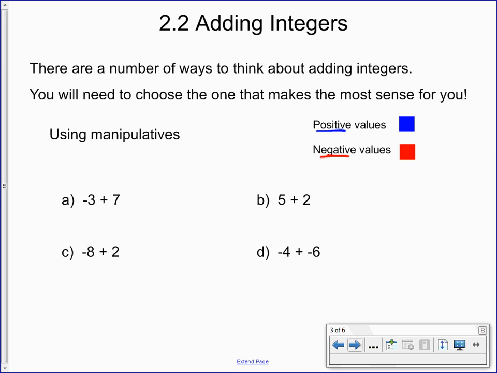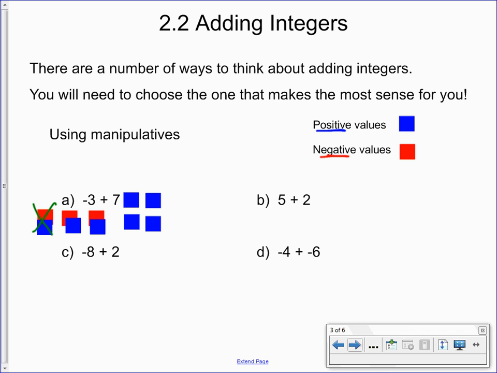So if I have a negative 3, that means I have 1, 2, 3 negatives. And if I'm adding to that 7 positives, what we talked about with good guys versus bad guys, that when you have a positive and a negative, they cancel each other out.